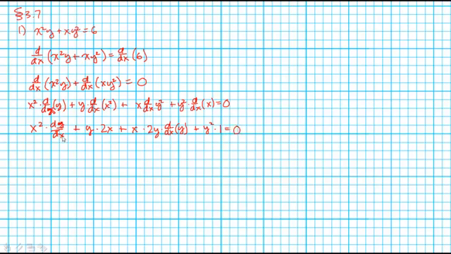Let's clean this up a little bit. x squared times dy/dx, plus 2xy, plus another 2xy, but this one is times dy/dx, plus y squared.